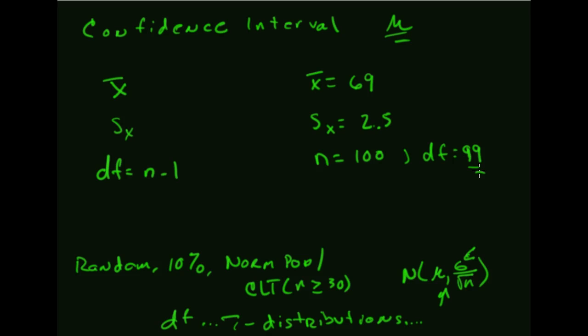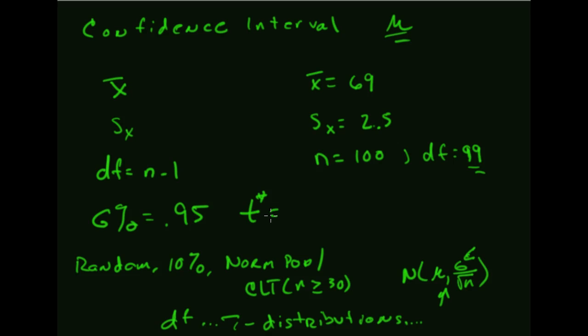The next thing I want to apply here is a degree of confidence. Let's say I want a 95% confidence interval. We've worked out before how to get the z-score from 0.95, but now we need not an inverse z but an inverse t, so we need a t star here.